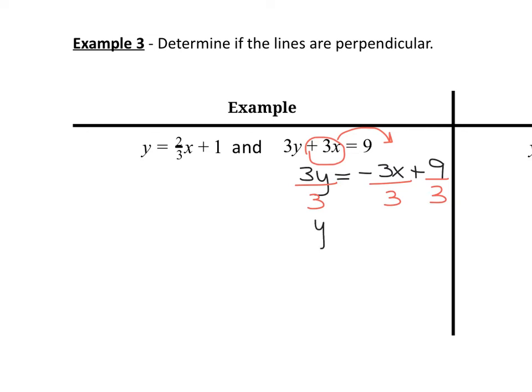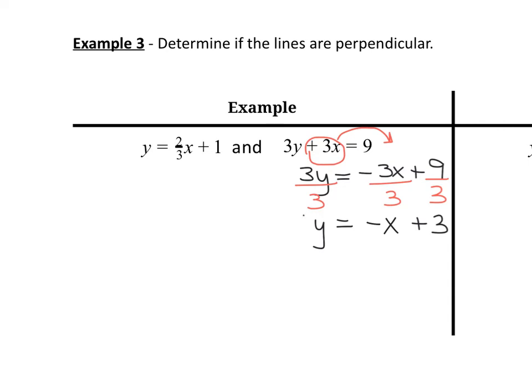That's going to leave us with y equals -1x plus 3. Again, remember that you don't have to include this 1 in front of your x, so I'm going to remove it and just leave my x term as -x.